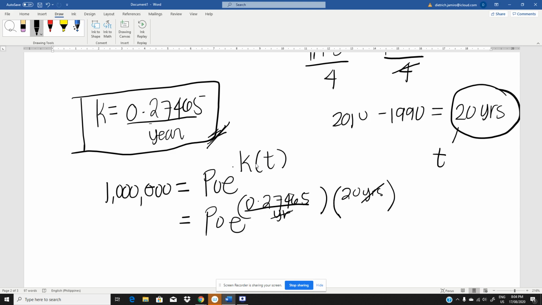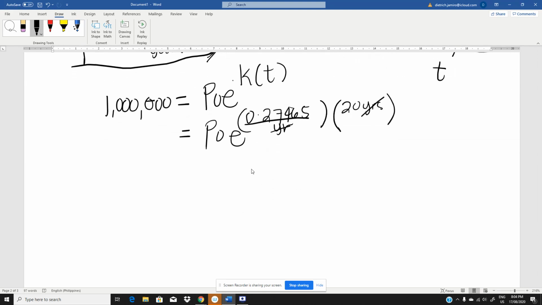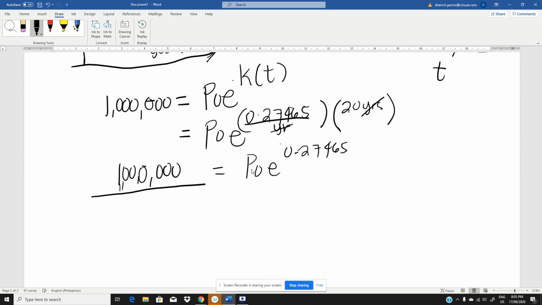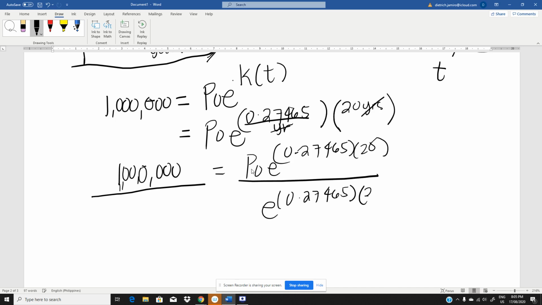So we will have 1 million is equivalent to P sub O exponential of 0.27465 multiplied by 20. Then dividing both sides of the equation by exponential of 0.27465 multiplied by 20, this one will cancel out.